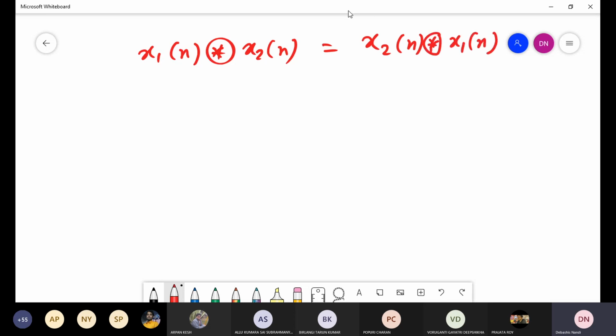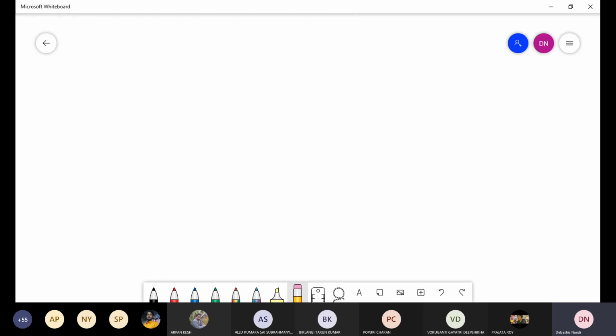By interchanging the position of the signals, again you can find out the result of the convolution summation, and you will see they are giving the same sequence. Okay, because this is commutative.